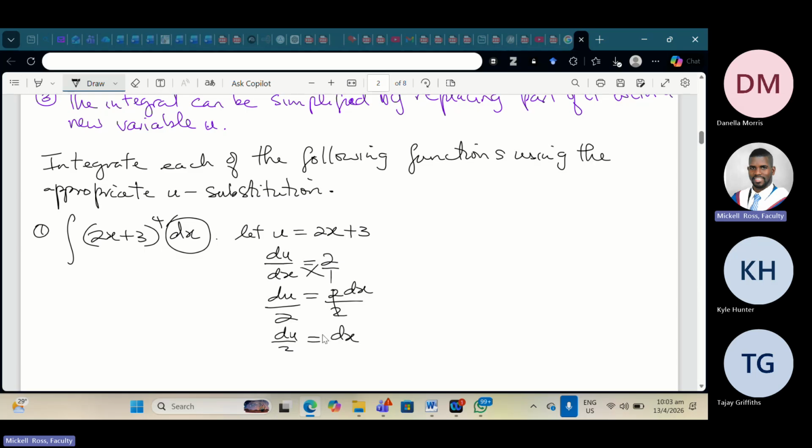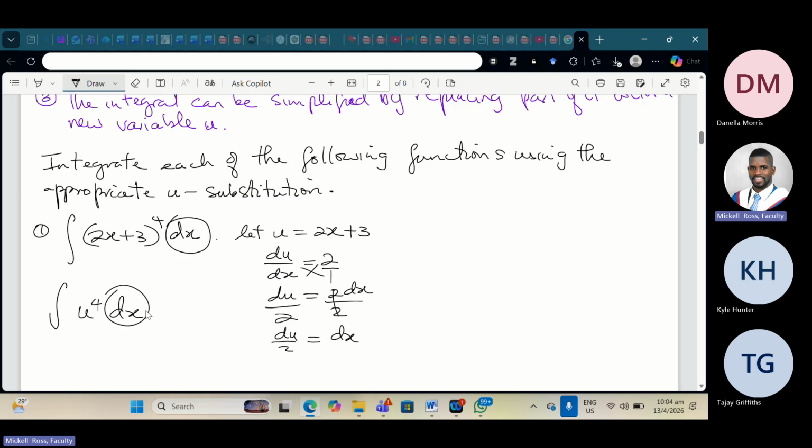Let's look at why this is necessary. We said that 2x plus 3 is equal to u. So I'm going to take the integral of u. So all of this is now u raised to the 4th power. I cannot write dx. That means I'm integrating, and these are 2 different variables. The variable is u, but I'm integrating with respect to x. That cannot be the case.